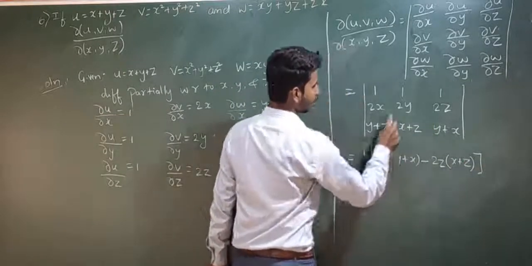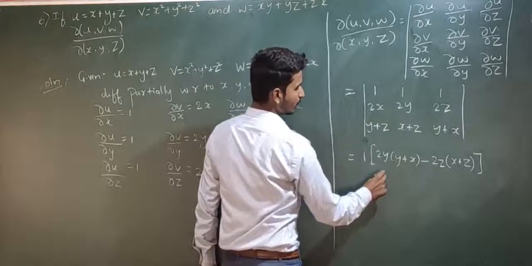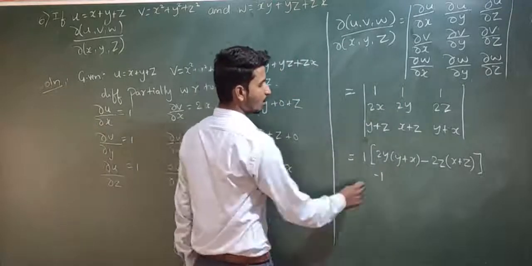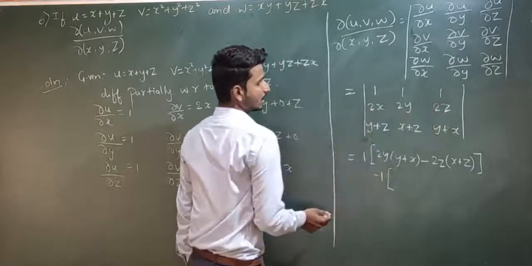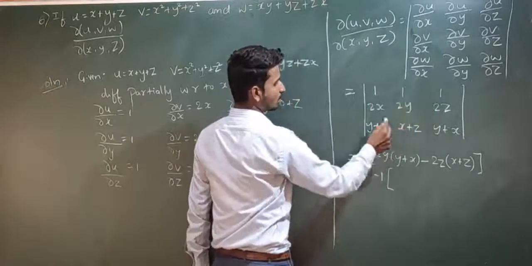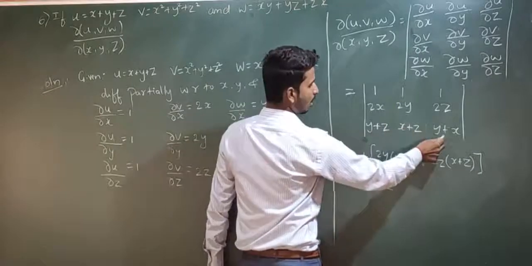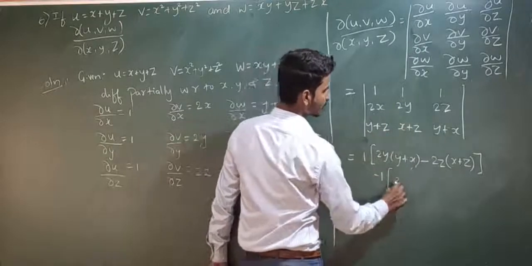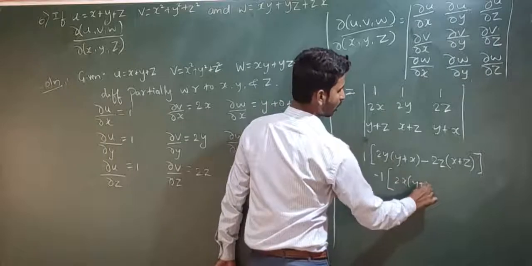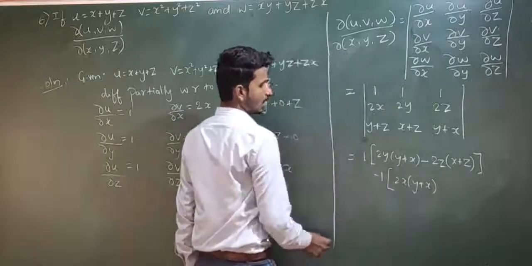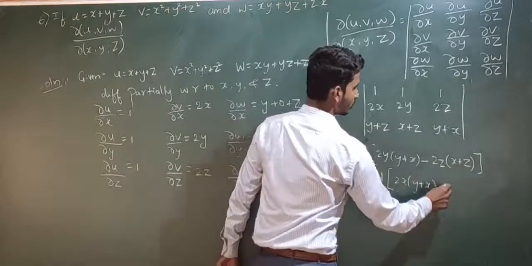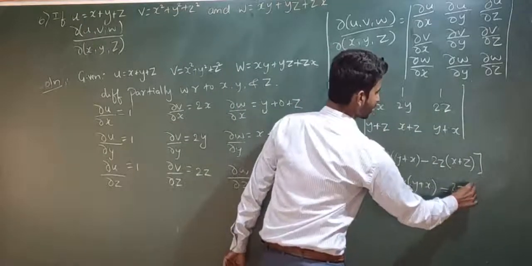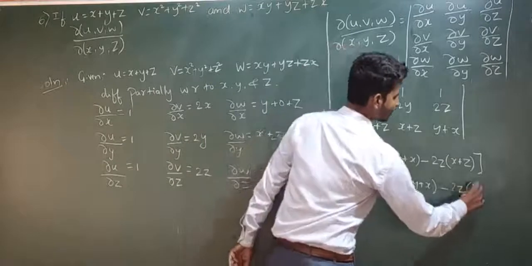Next, the middle term: it is minus 1 of, we have to leave this row and this column. The remaining terms are y plus x into 2x, that is 2x into y plus x, minus y plus z into 2z, that is 2z into y plus z.